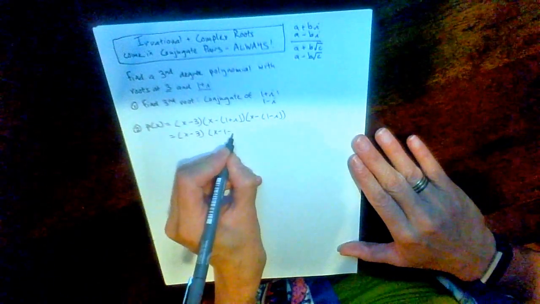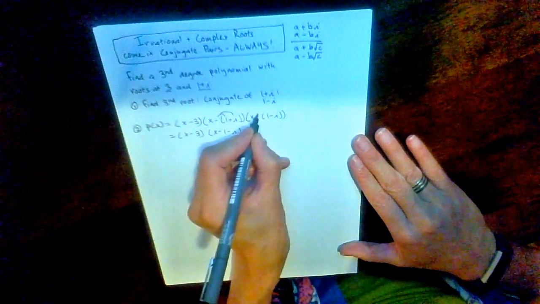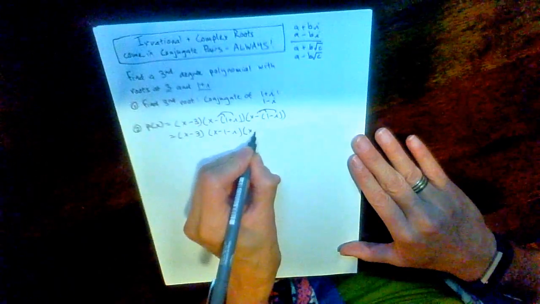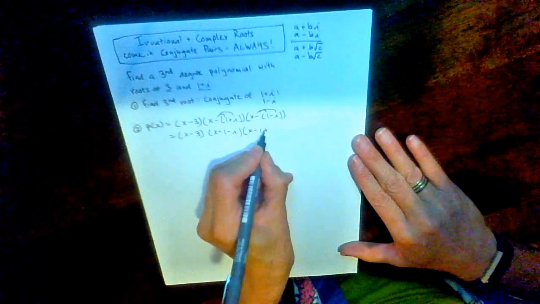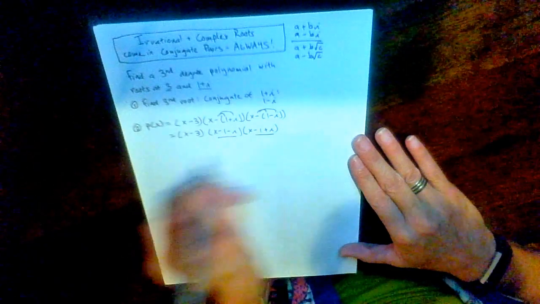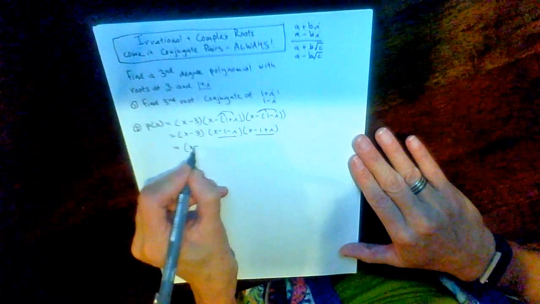First of all, let me distribute the negative in both of the complex factors. So x minus 1 plus i. And then I'm going to multiply these complex roots first. So I'll have x minus 3.